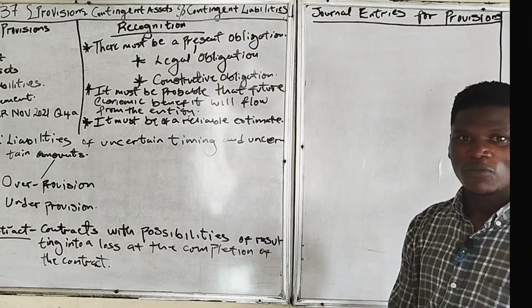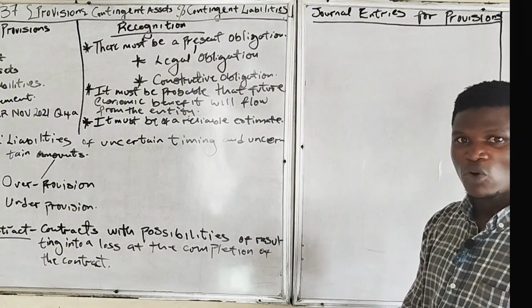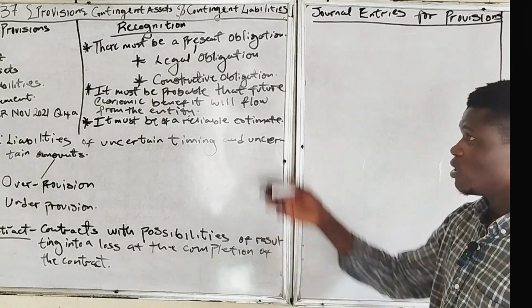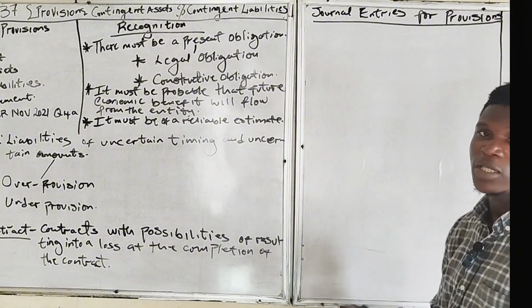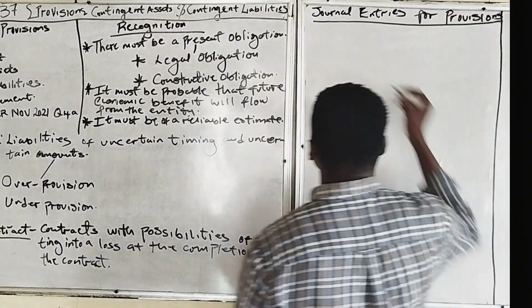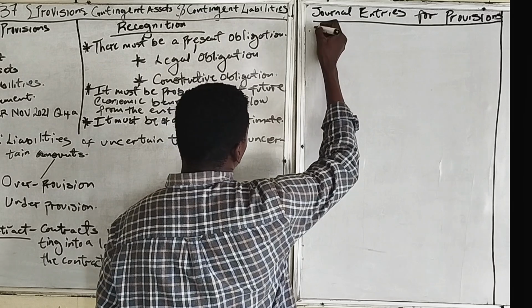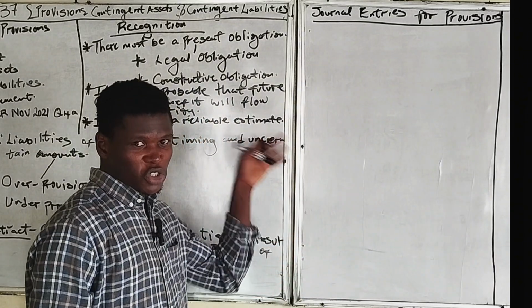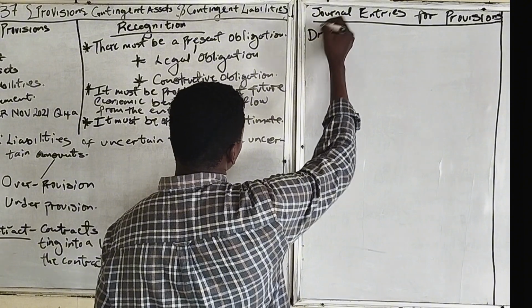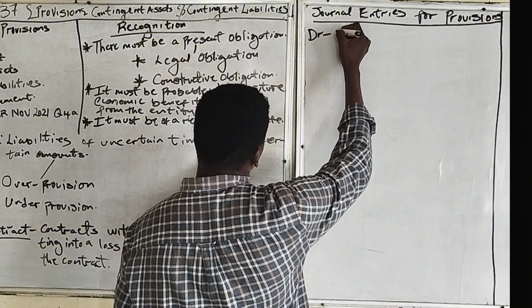At the initial stage of recognizing provision, provision is an expense and it is also a liability. Just like we have said that provisions are liabilities of uncertain timing and uncertain amount. So at the date of initial recognition, we will debit the provisions as an expense.